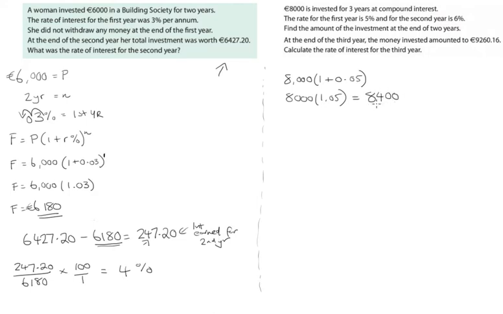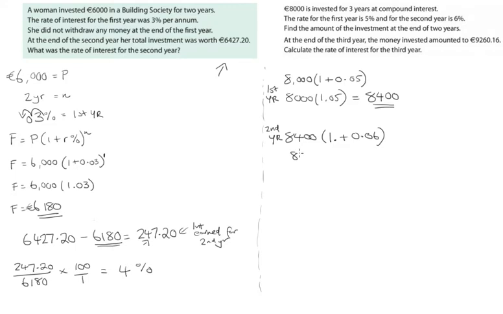So at the end of the first year, this person had 8,400. Now that is the principal for the second year. So this is the first year, and now we're working on the second year. So 8,400, and the interest rate in the second year is 6%. Now 6% as a decimal is 0.06.